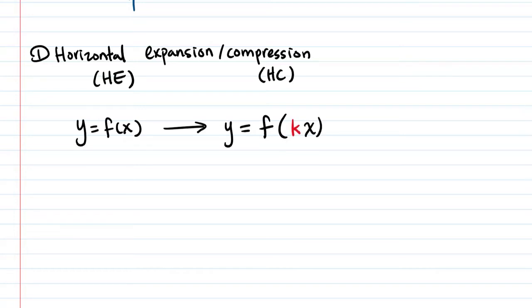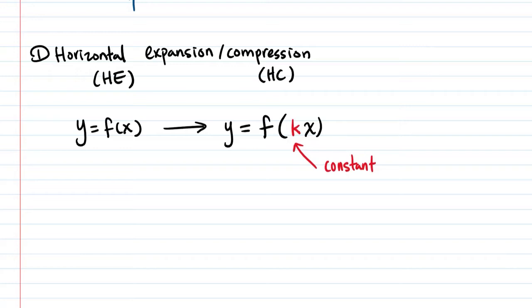Here the k is the constant, which means it's a number. It can be a fraction, decimal, or even an integer, but it is an actual number. It's not a variable. So this value will tell us whether it is expansion or compression, in other words, squeezed thinner or stretched out, making it wider.